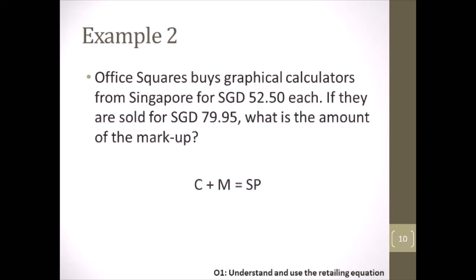So substituting the cost, which is 52.50, and the selling price, which is 79.95, what is this number that should be added to 52.5 to get the selling price? So using your calculator, the answer is 27.45 Singaporean dollars.